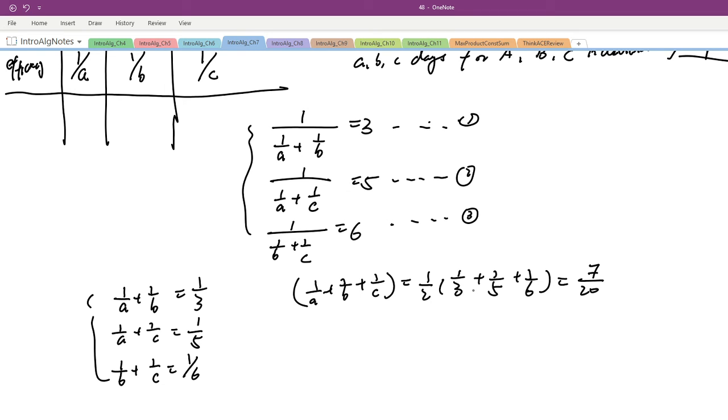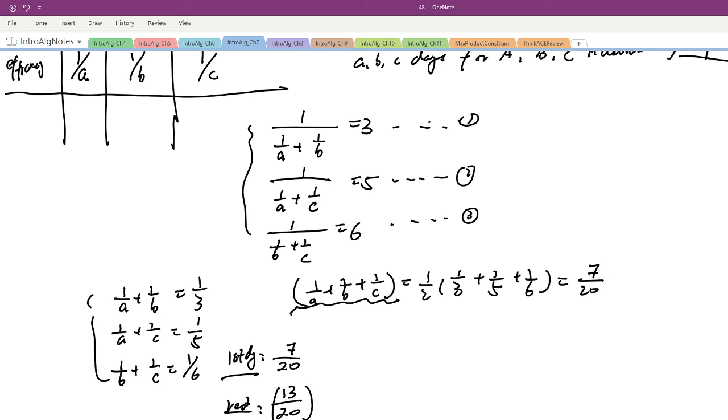So after one day of A, B, and C working together, every day they can finish 7/20 of the whole project. This is the first day, and the rest of the work is 13/20, right?